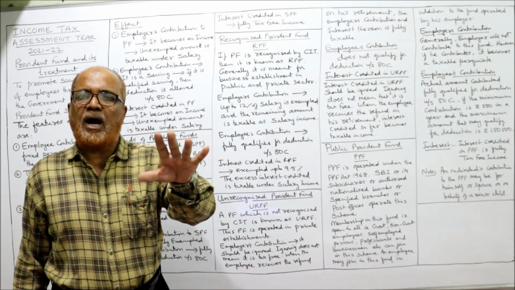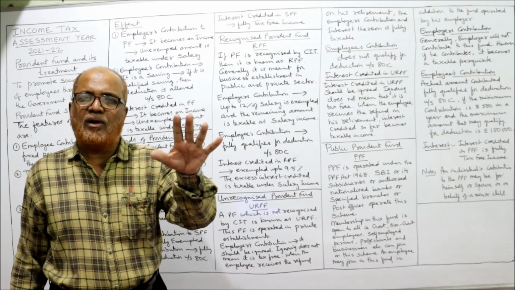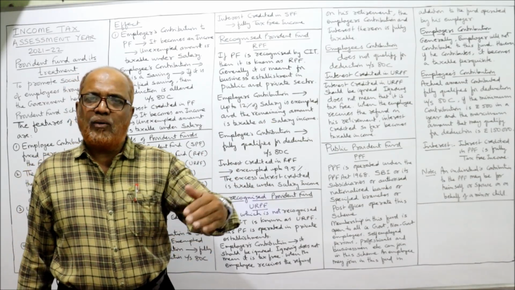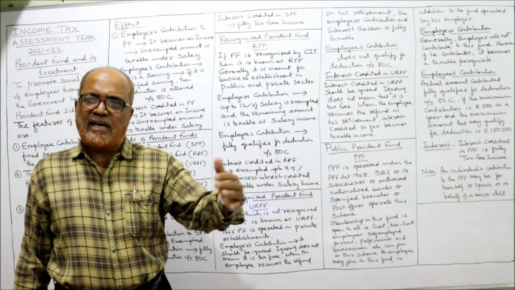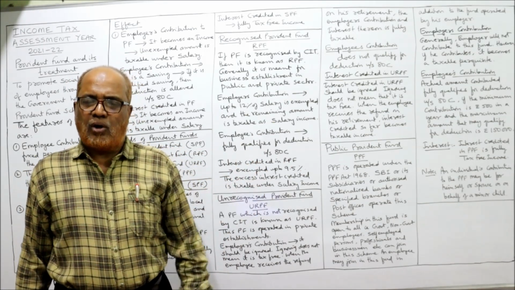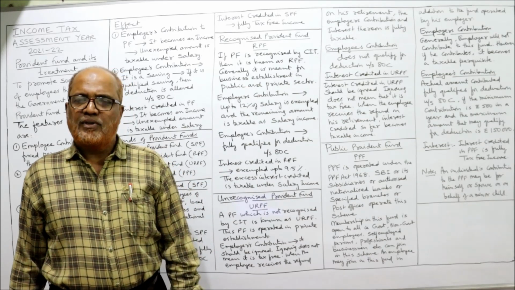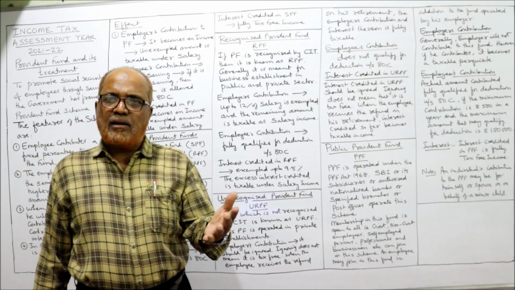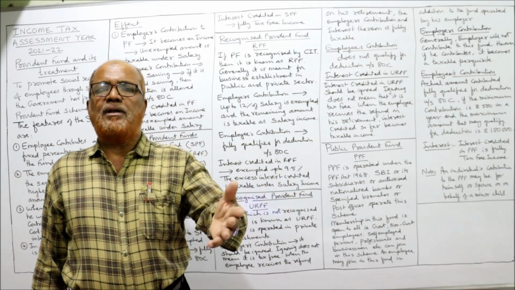Any person can open an account in PPF by simply going to a post office, SBI or its subsidiaries, or nationalized banks. They can approach there and ask to open a PPF account.